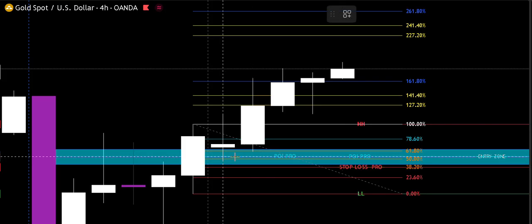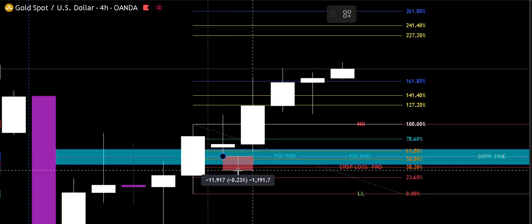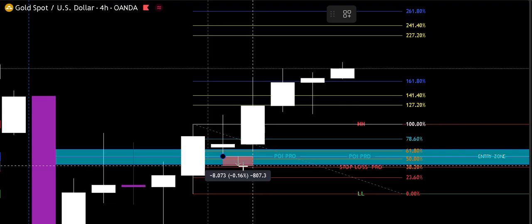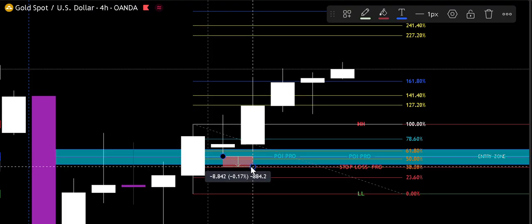Let us say this is our POI. From POI to lose, we decide to lose only $8. That means stop loss, it is $9. We risk $9.